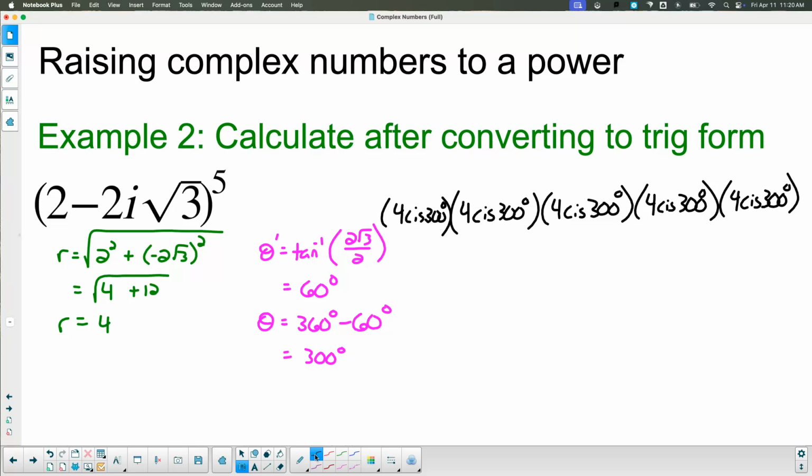So this would be 4 times 4 times 4 times 4 times 4 CIS of 300 plus 300 plus 300 plus 300 plus 300. Right? 4 times 4 times 4 times 4 times 4. 1024?